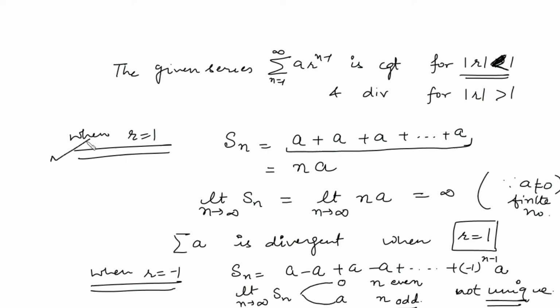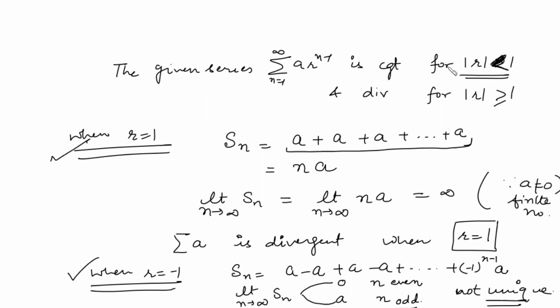Either it is 1 or it is minus 1, in each case your series is not convergent, right? So this completes the proof of the geometric series test: the given series is convergent whenever your mod of r is less than 1, and it is divergent whenever your mod of r is greater than or equal to 1. So we can use this GP series test to check the behavior of GP series.